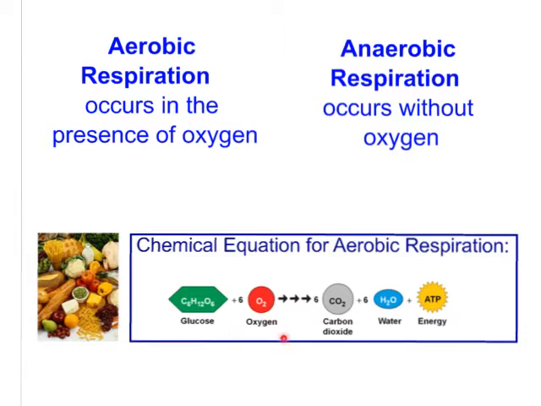Glucose combines with oxygen, and we actually have one glucose molecule. In order to break it down, it needs 6 oxygen molecules. That produces, in the very end of this entire process, 6 molecules of carbon dioxide, 6 molecules of water, and a bunch of ATP, which, remember, is our cellular energy.